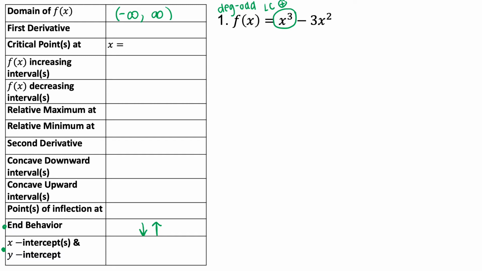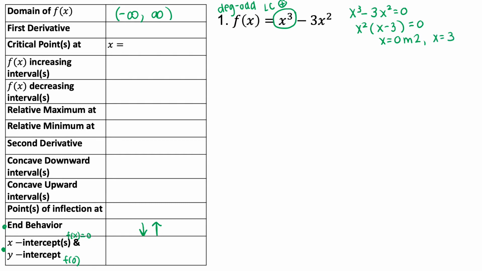To find your x-intercept, remember you set your function equal to 0, and to find your y-intercept, you evaluate at 0. Let's start by setting this original function equal to 0. x cubed minus 3x squared equals 0, factoring out an x squared, we get x minus 3 equals 0, so we get x equals 0, multiplicity of 2, and x equals 3.